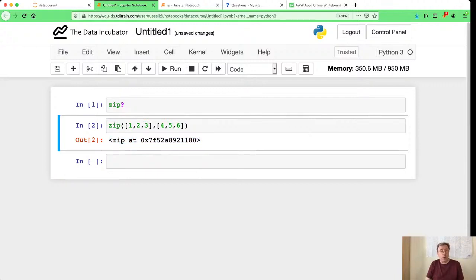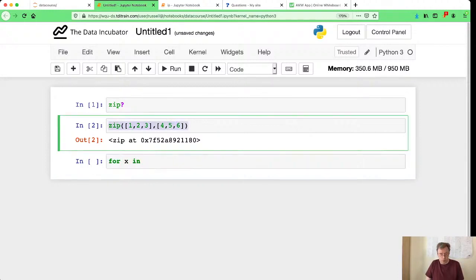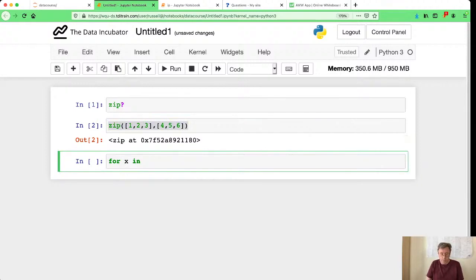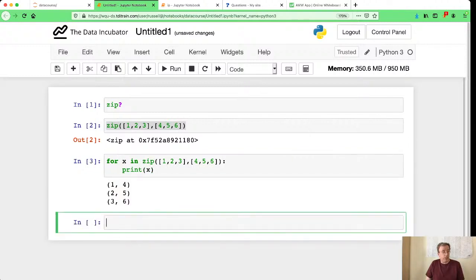So I don't actually see the output, but I could put this inside a for loop, copy and paste, print x, and you'll see what I get as output.